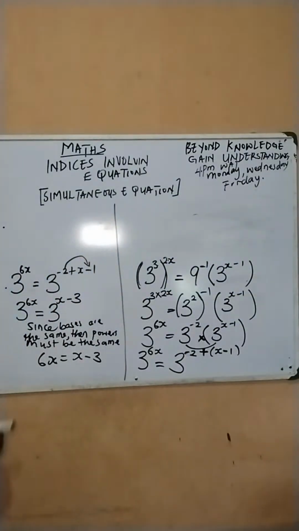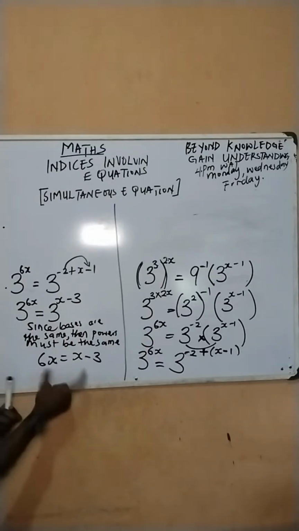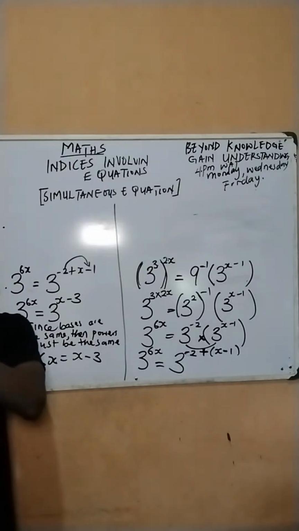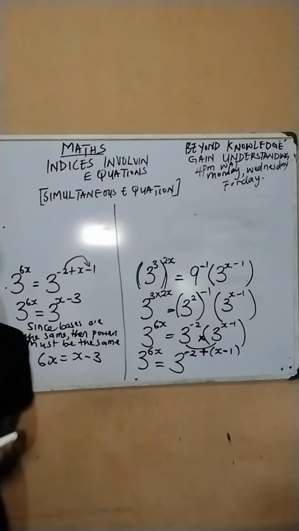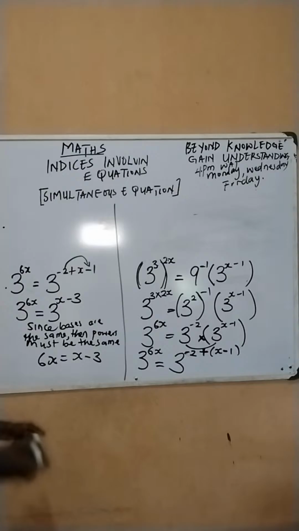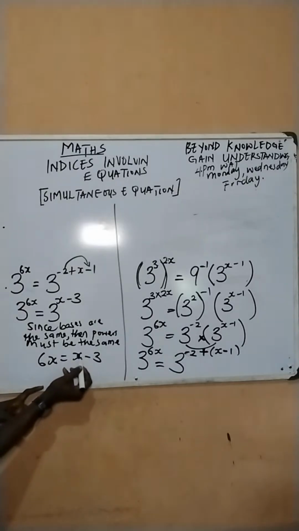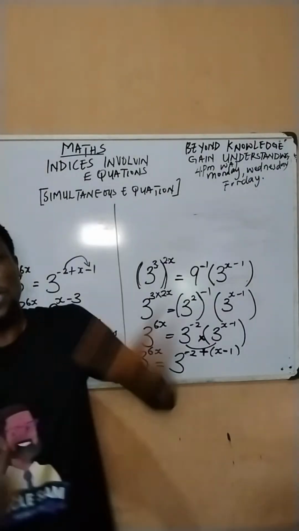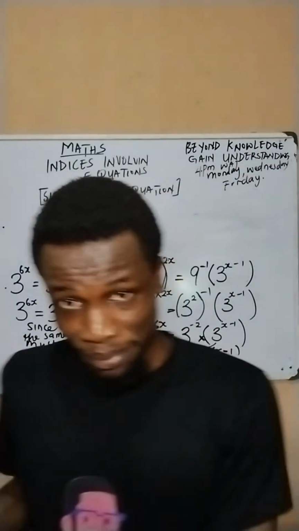And to finish up, we actually do something that is very interesting. How? We collect like terms. By collecting like terms, as I mentioned in the previous slide, there are 2 ways of doing this. It's either this x here is what I want to move over to this left hand side, so that the variables will stay in one place and the numbers will stay in one place. That's what I want to do.